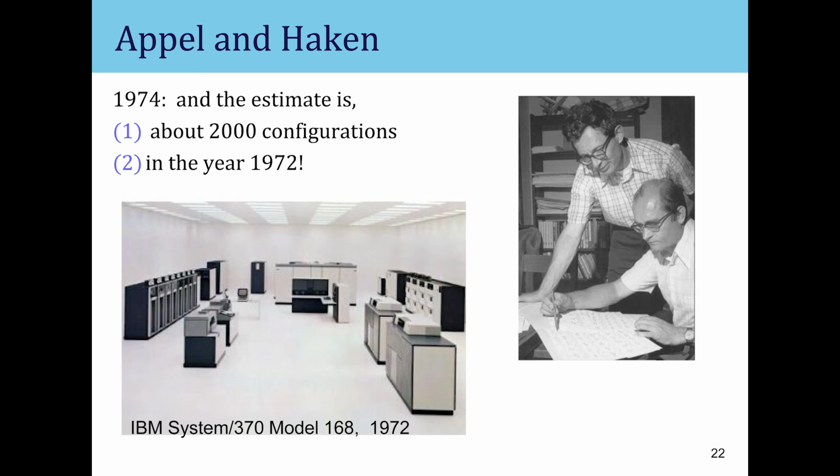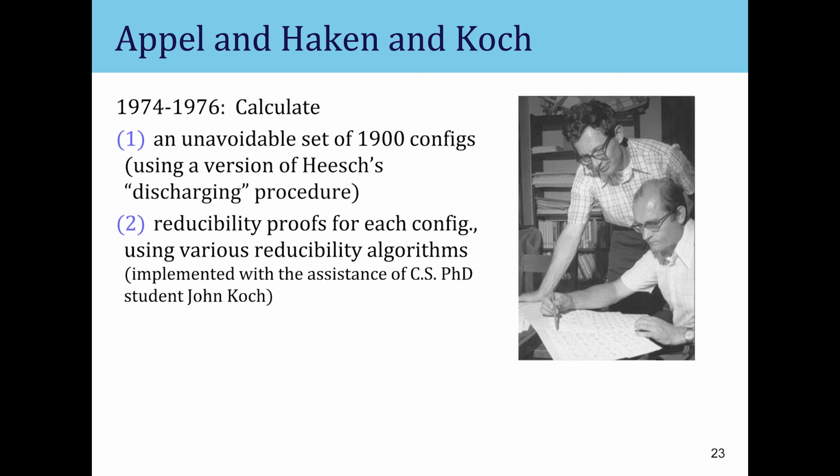And the year in which computers would be powerful enough to do it was 1972. Well, OK, so then they got to work. And between 1974 and 1976, they calculated an unavoidable set of approximately 2,000 configurations.